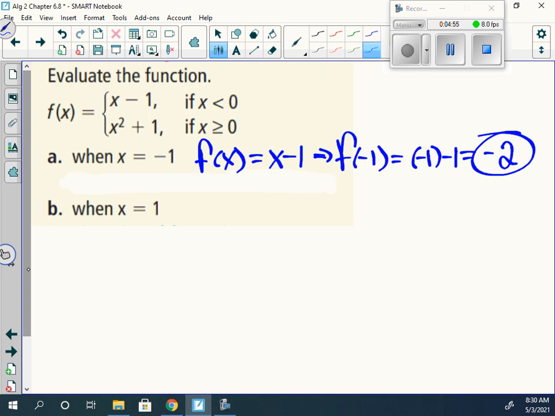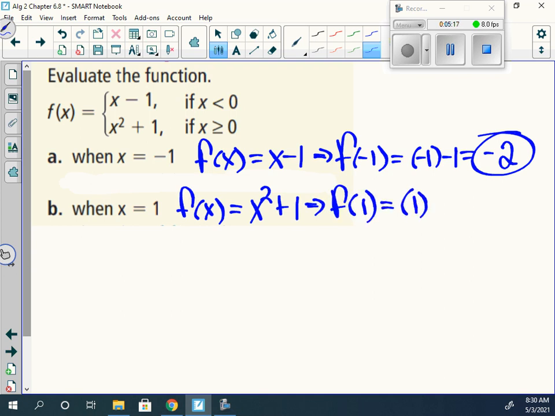Awesome. So, Eric, which function would you use for part B? For B, it would be x squared plus 1 if x is greater than 0. And why do I know I'm using x squared plus 1? Because 1 is going to be greater than 0. Well, 1 squared plus 1 is 2.